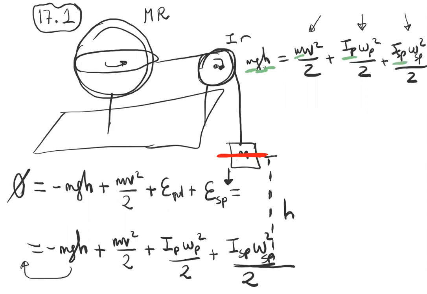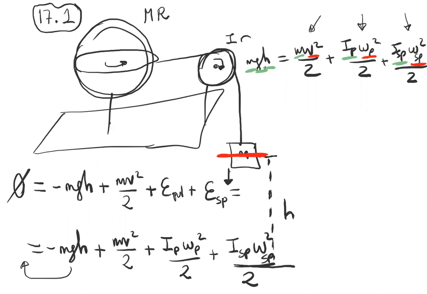So this is a spherical shell. You can look up the formula for the moment of inertia of a spherical shell, and you can find it. It's a simple formula. And what you don't know here is the velocity, angular velocity of the pulley, and angular velocity of the sphere. So what I will do is I will stop here.